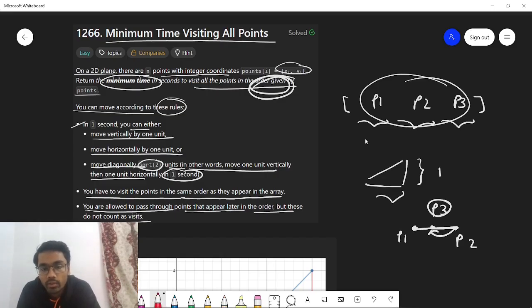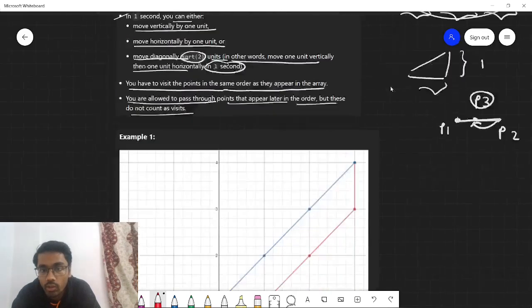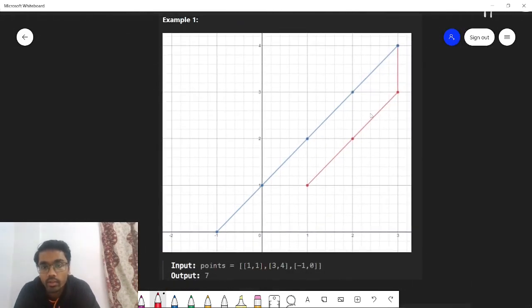So let us see the first example and see how we can find a solution out of it. You can see that 1, 1 is one point here, then 3, 4 is another point here, and minus 1, 0 is another point here. So you can see that we are taking 2 seconds to go here and then we are going vertically up here to get to point 3, 4.